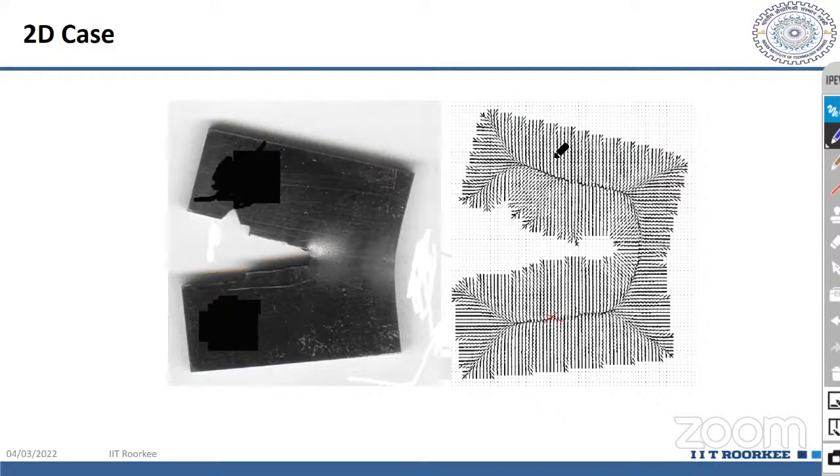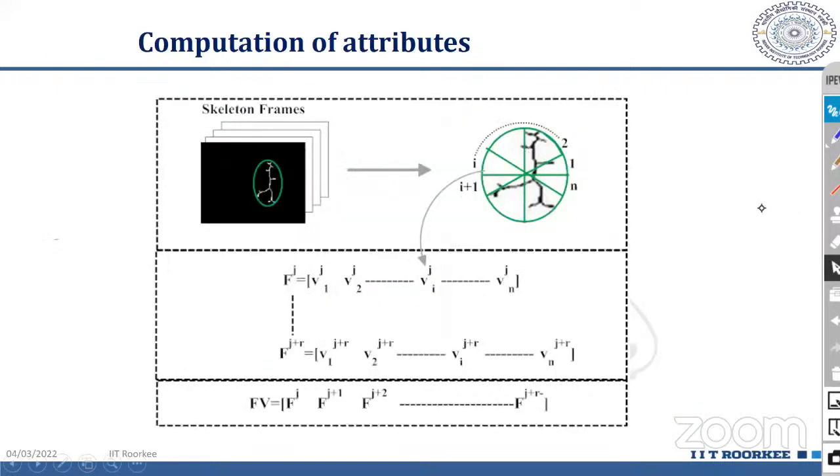The potential function that you are seeing over here is the Newtonian potential. I'm not going into the detail, but from here we are obtaining a skeleton. From the silhouette, you get your skeleton like this.